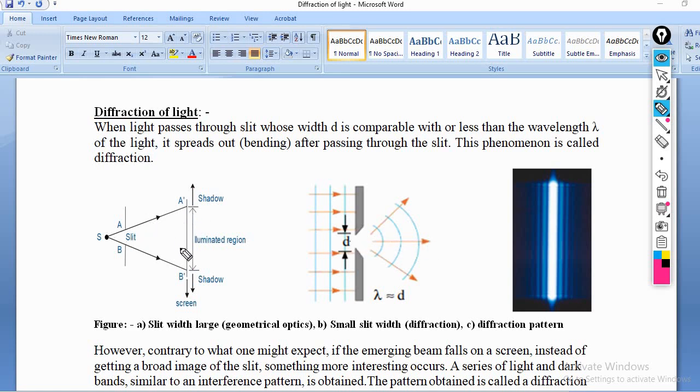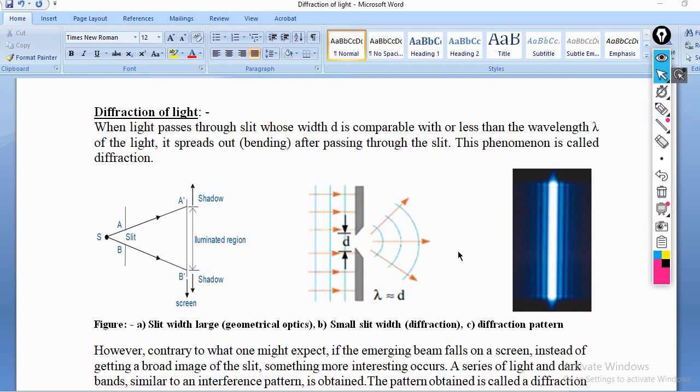One can think of the bright region and the region that is supposed to be shadow. Here also you can get a central maxima somewhere, and then you would expect the shadow region. But it seems that the rays are bending to produce some other bright points over here.